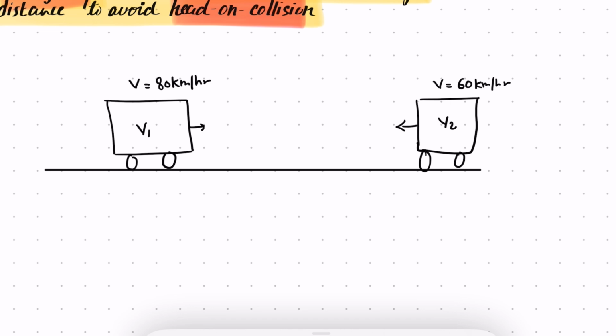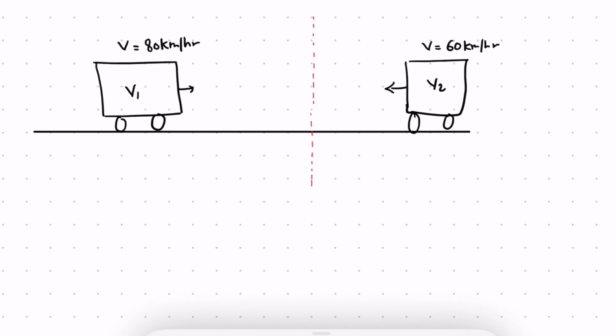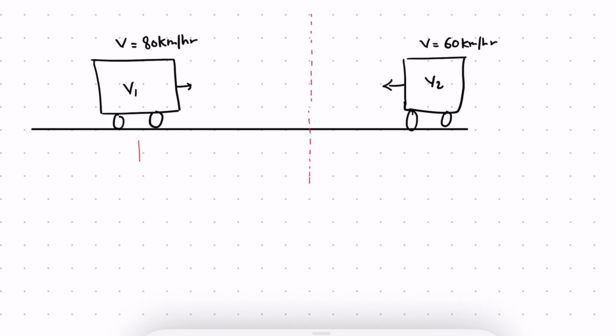Since these vehicles are approaching each other, we have to find out the overall stopping sight distance for this scenario. First of all, we have to consider the stopping sight distance of vehicle 1, and the stopping sight distance of vehicle 2. The overall stopping sight distance will be the summation of both.